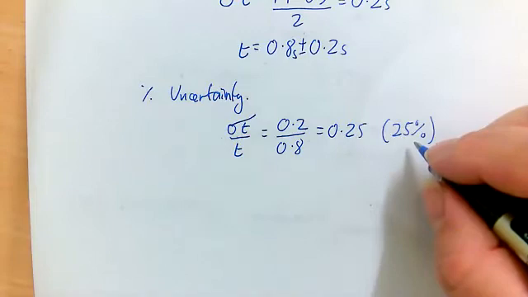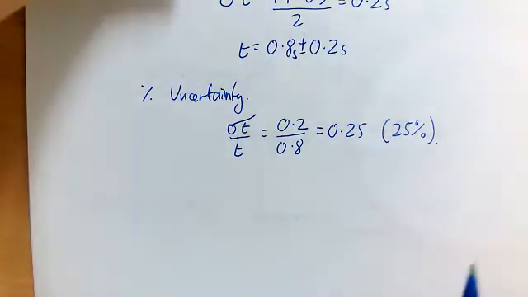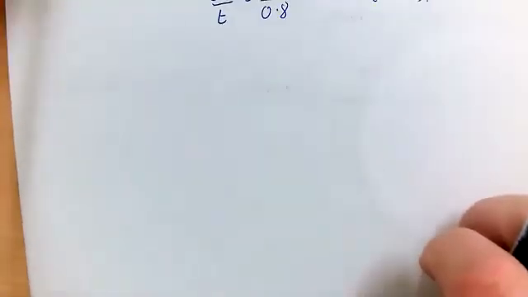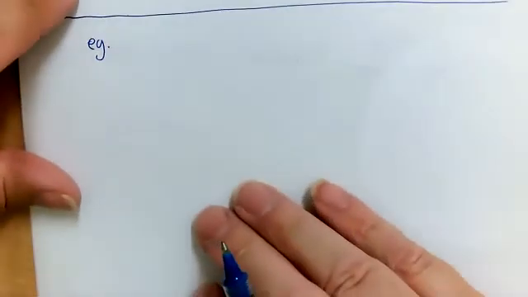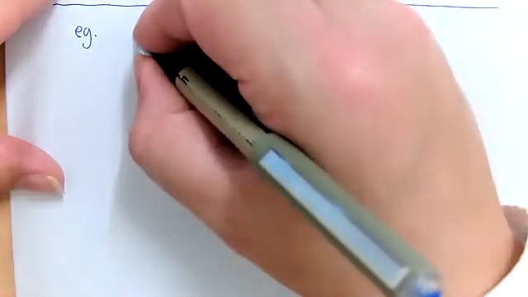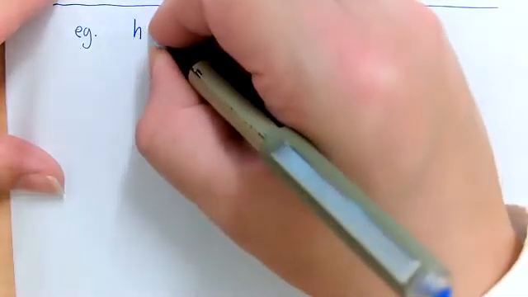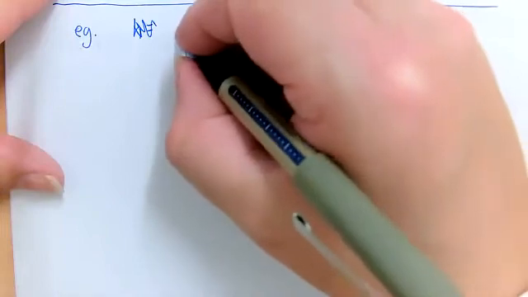So you're looking at working out percentage uncertainty. Imagine I had a particular simple question as an example. Let's have a constant velocity question.